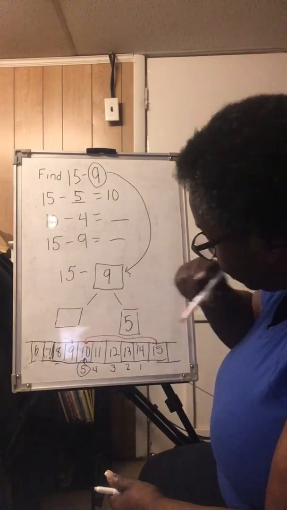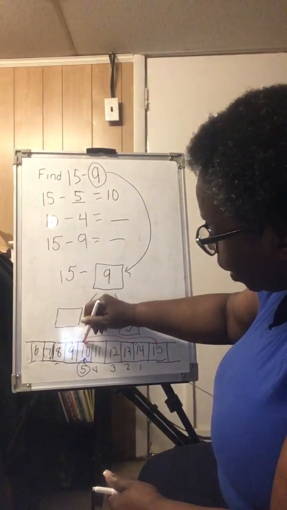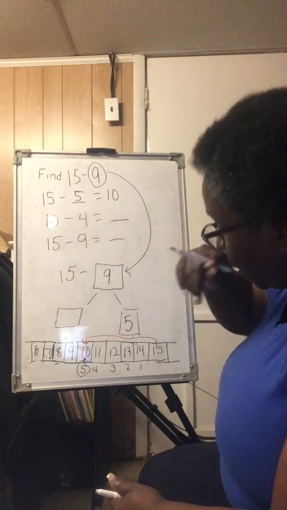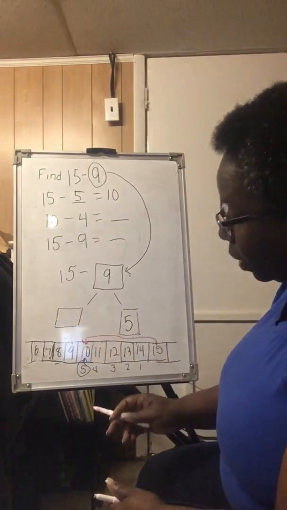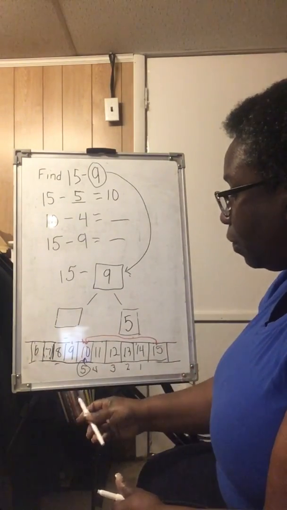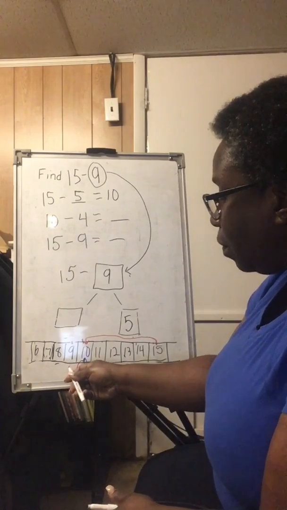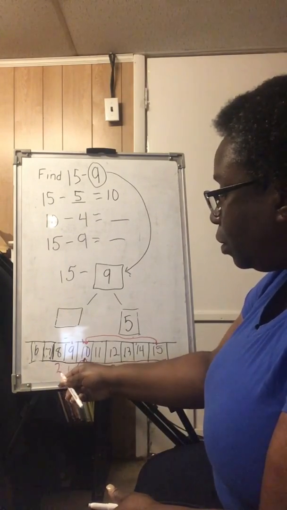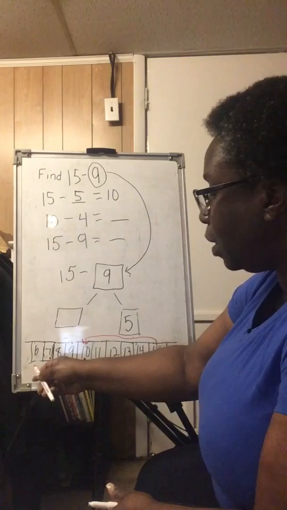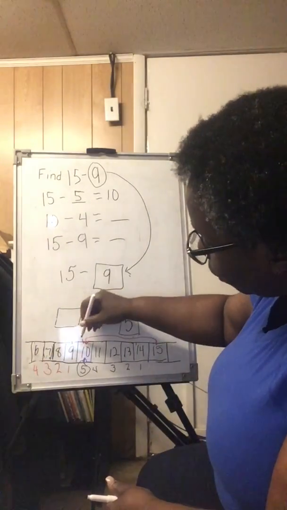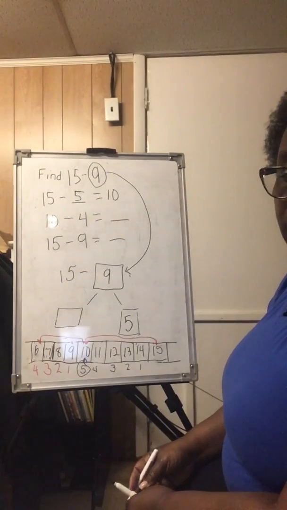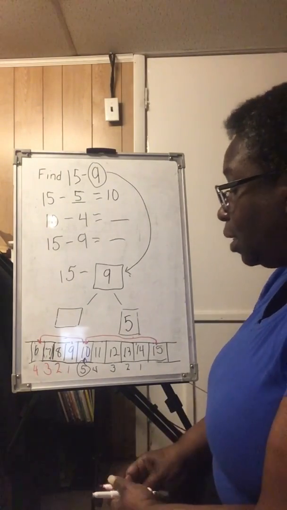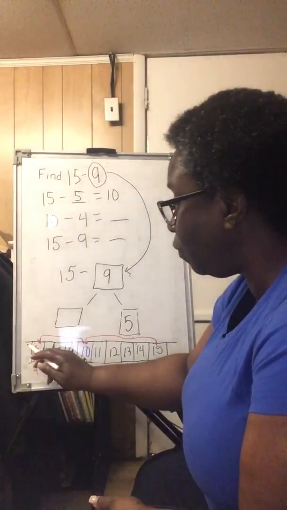Starting with our 10, because 10 is our number, going backwards to what number is going to give us 4. So let's count. 1, 2, 3, 4. So they went from 10 to 6. Okay? They did give us 5 in right there.